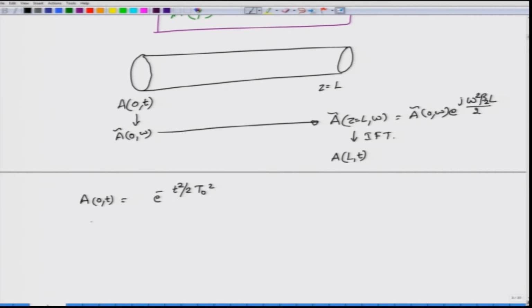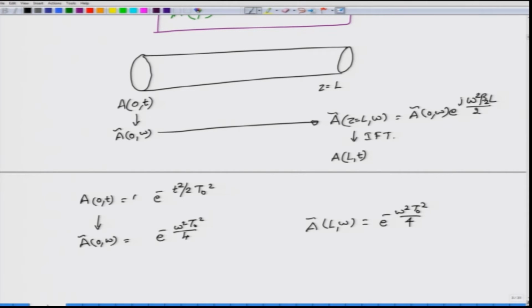What is the spectrum of this, or the Fourier transform of this, which is A(0,ω) = e^(-ω²t0²/4). Now, what would be the Fourier transform at z = L?